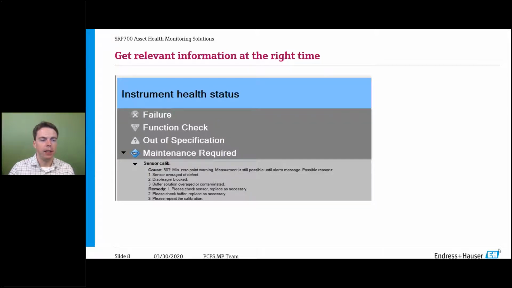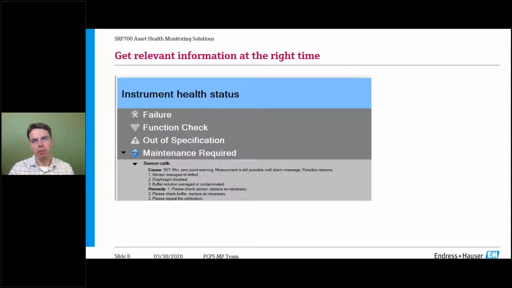So you can see here we get the cause, 0 point warning, and we can still measure. The possible reasons: an overaged or defective sensor, a blocked diaphragm, or an overaged buffer solution. So what should we do? The remedy: please check the sensor, replace it if necessary, check the buffer, or repeat the calibration.